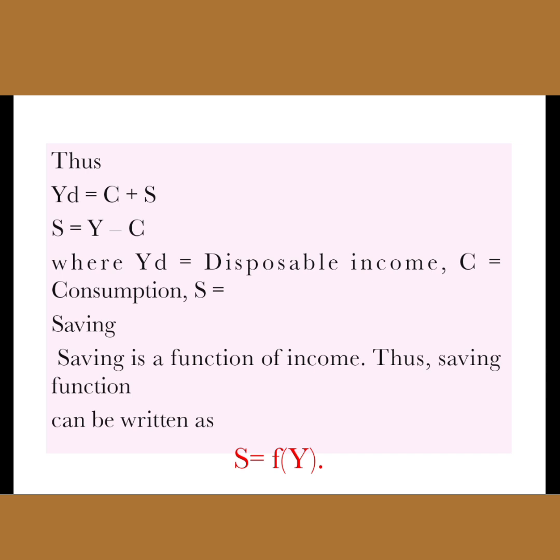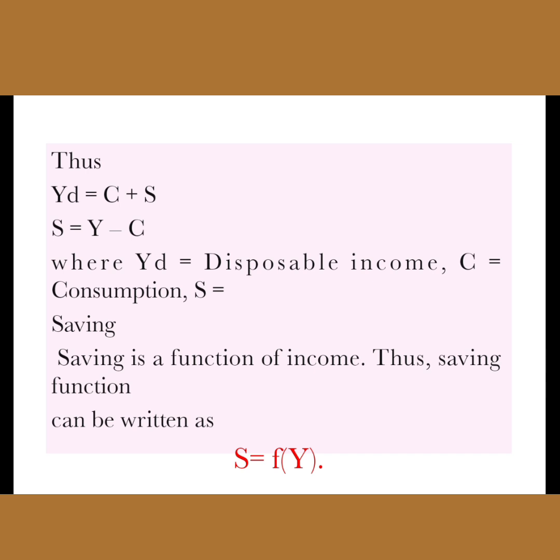So here, simply, saving is just a function of income, and it can be written as you see here: S equals F2(Y). In our last lecture, we talked about the dependent and the independent variable. So here, the dependent variable, of course, is S, the saving, because it always depends on the income.